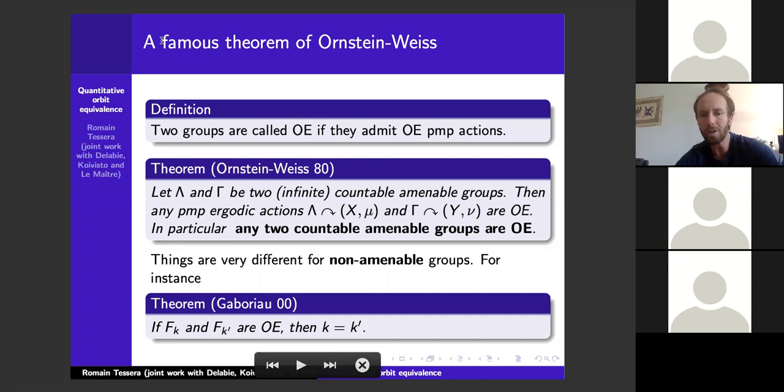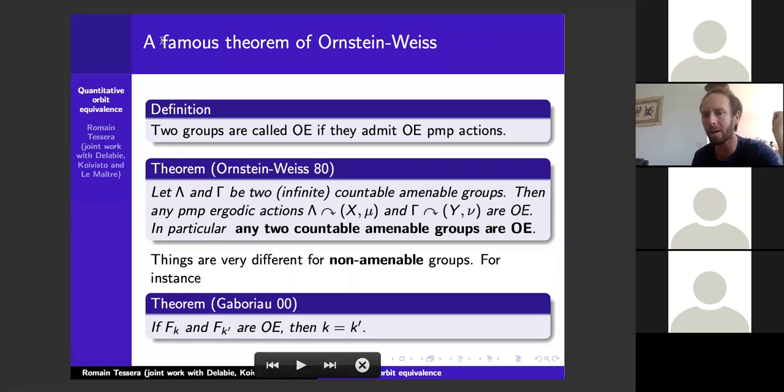So in particular, if we want, as I explained a bit earlier, to forget about the actions and just remember some information about the groups, to say that the groups are not far from a certain perspective, then we use this definition, which says that two groups are orbit equivalent if they admit a pair of orbit equivalent PMP actions.